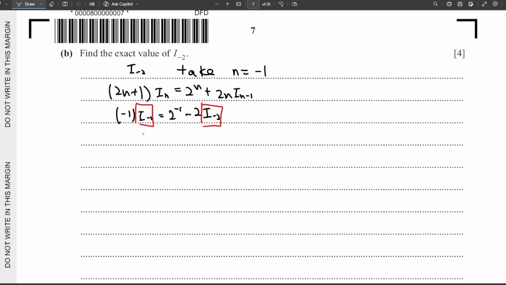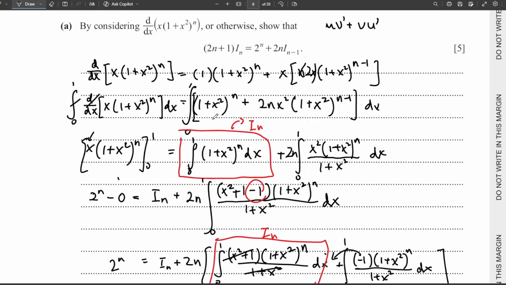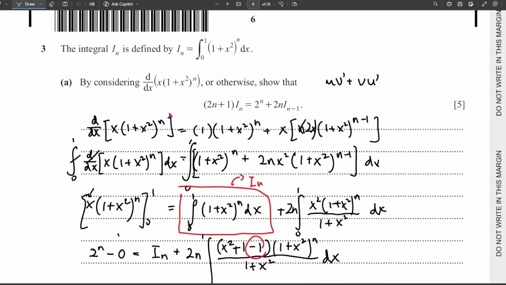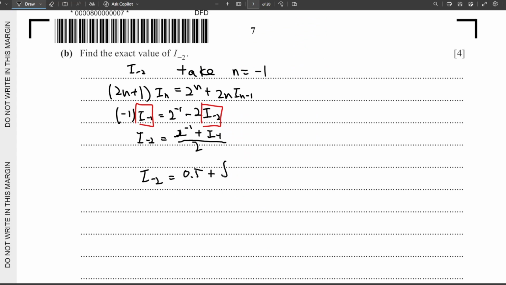So let's try and rearrange this so that I negative 2 is on the left hand side. So I negative 2 equals 2 to the negative 1 plus I negative 1, divided by 2. Let's evaluate this on the right hand side. 2 to the negative 1, the reciprocal of 2, is 0.5. Then this I negative 1, I will copy this integral, but replace n with negative 1: integrate from 0 to 1, (1 plus x squared) power of negative 1 dx.